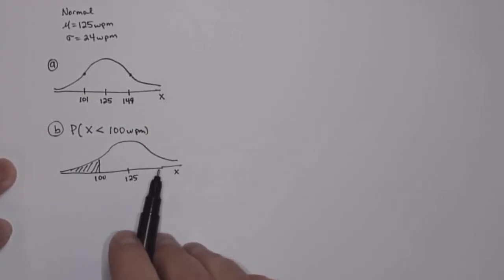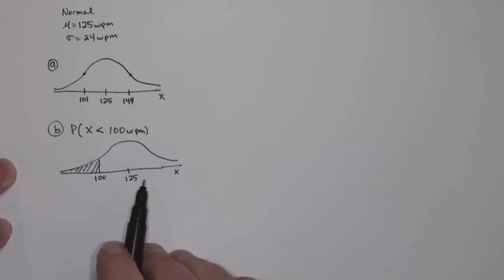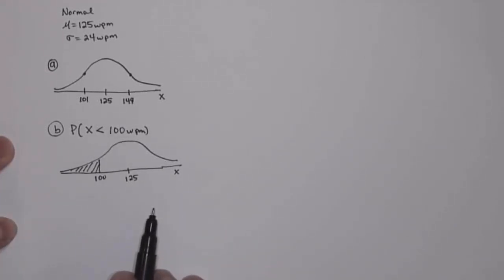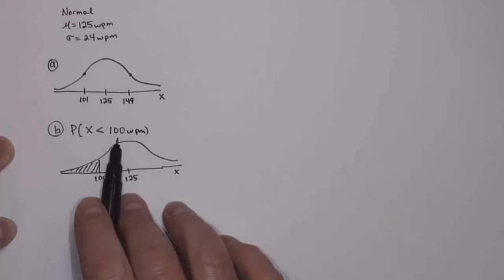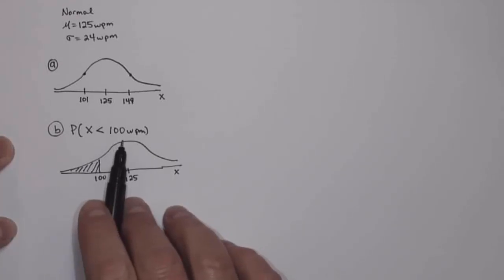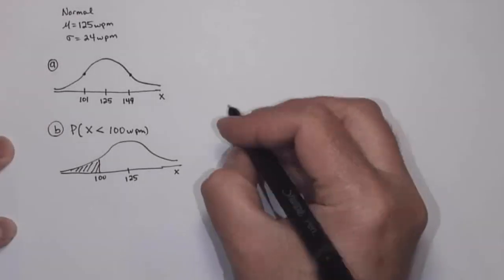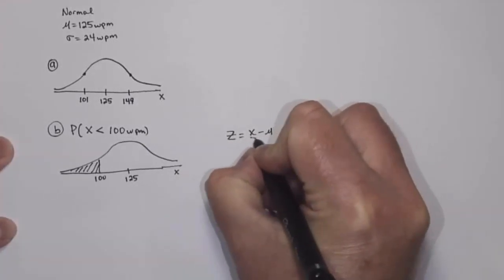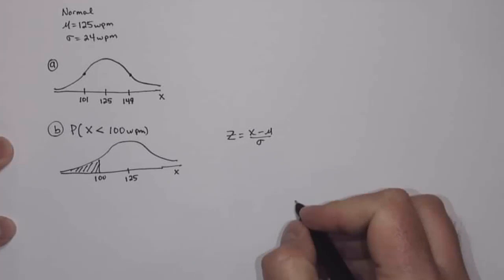We're going to first find this by using traditional methods and using it by hand and using tables. Okay? So to do this, we're going to have to convert our 100 data value into a standard score, into a z-score. Now remember, we find a z-score by taking the data value minus the mean and dividing by the standard deviation.